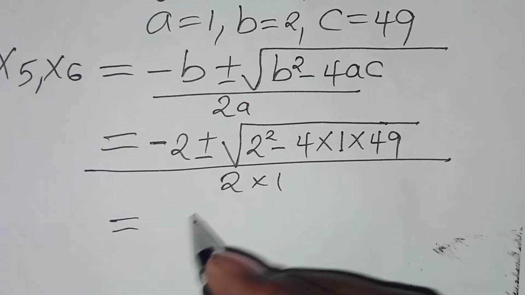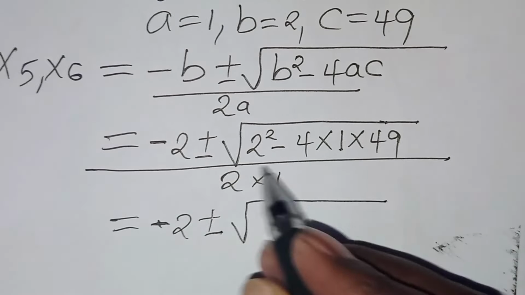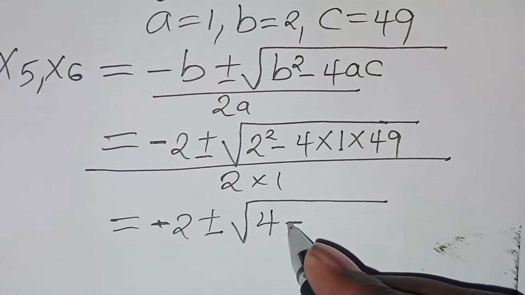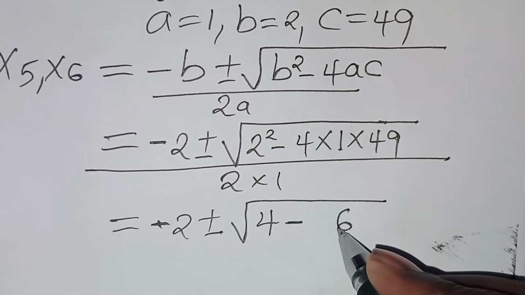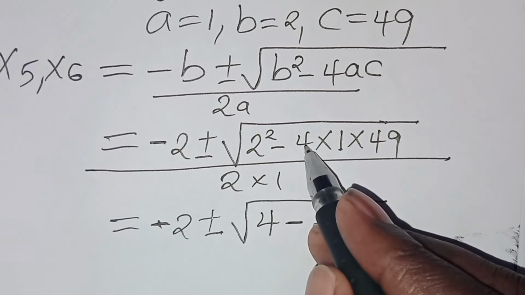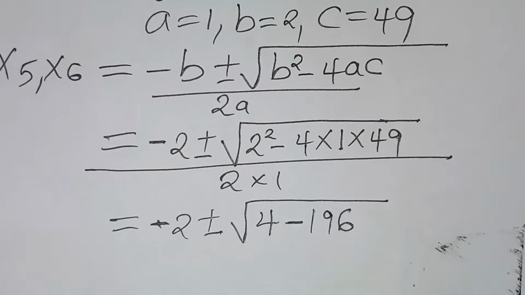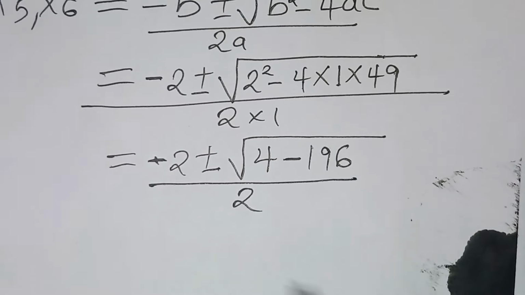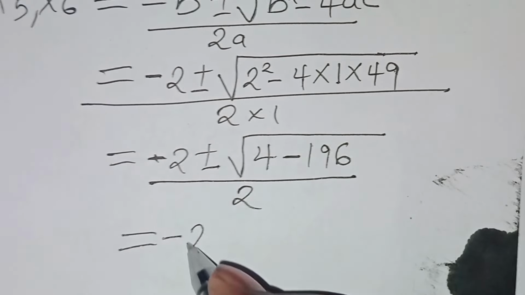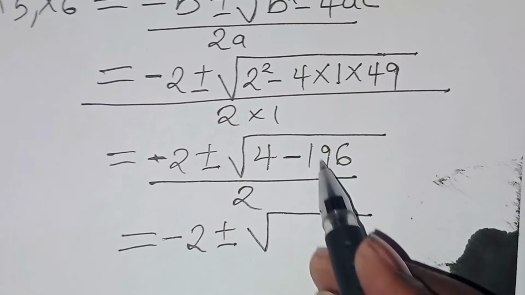So again here we have negative 2 plus or minus. Now 2 squared, this is 4, subtract. Now 49 times 4 here, 9 times 4 is 36, 6 carried 3. 4 times 4, we have 16 plus 3, that is 19. So you have 196. All this divided by 2. So here we'll have minus 2 plus or minus the square root of 4 minus 196.